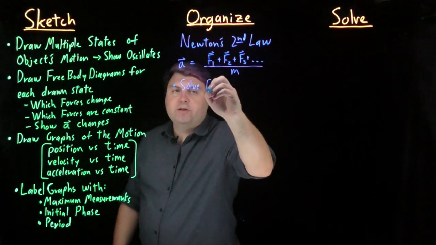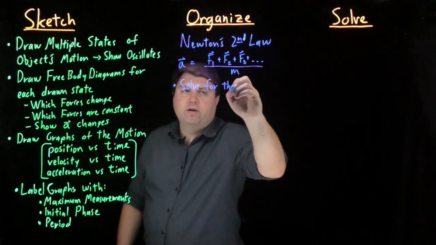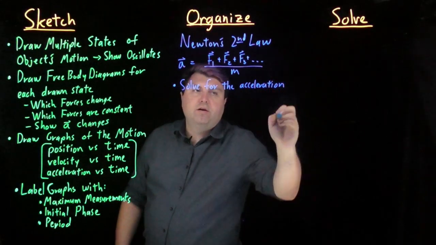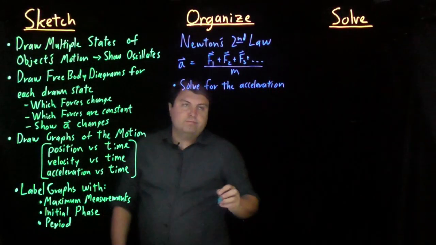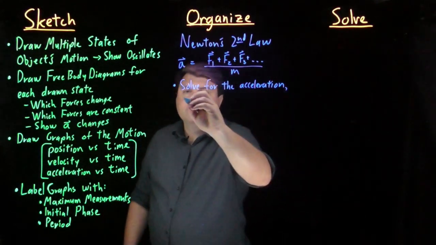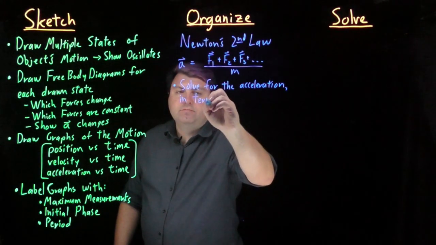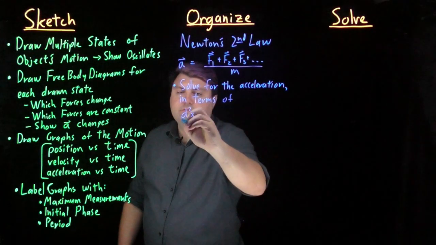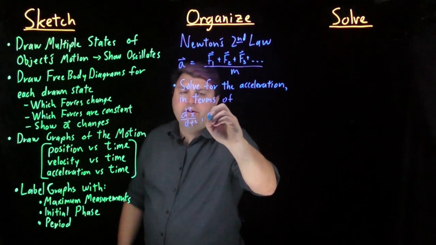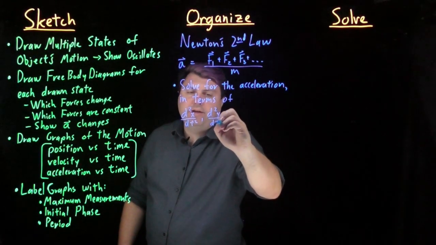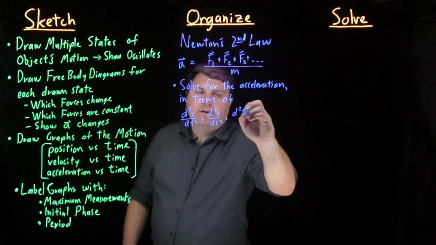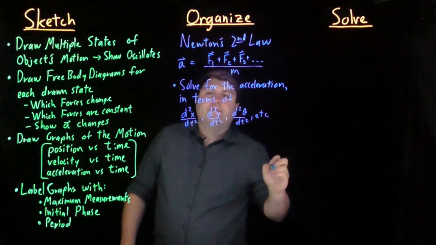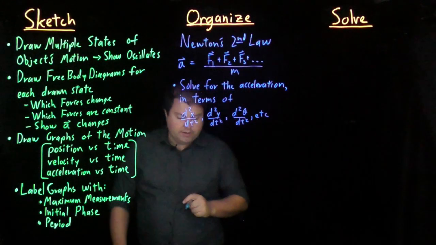And then we are going to solve for the acceleration and we want it in terms of d squared x dt squared, d squared y dt squared, d squared of an angle dt squared, and how we want it.